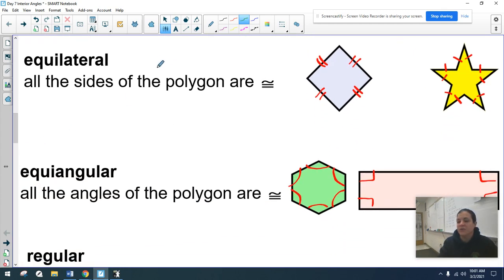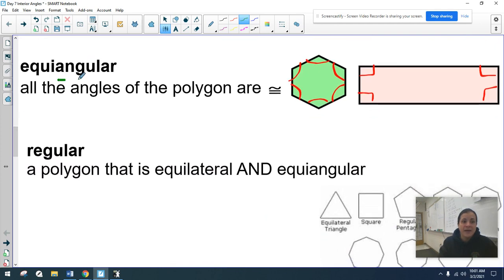Okay, we know equilateral. That means all sides equal. Usually we do triangles, all equal sides, but it doesn't matter. It can be a quadrilateral, it can be a star, it can be any picture. As long as all the sides are equal, that will make it equilateral. Equiangular is going to be equal angles. So that star up there was equilateral, but it wasn't equiangular. But down here, all equal angles, that means equiangular.